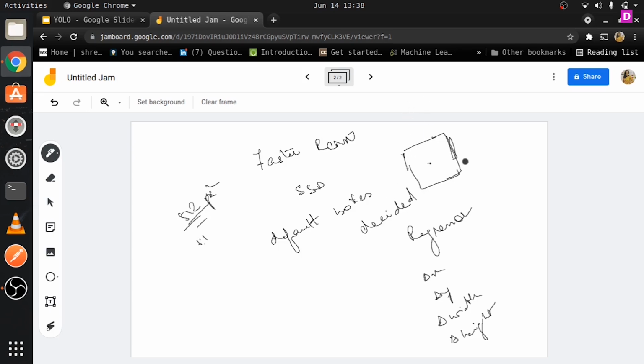So you have the sizes and everything. If your object fits perfectly and this is the center of your box, then none of this changes. But if it does not, then it has to be changed. So when I said each anchor gives out anchor boxes, what I meant is the anchor box sizes are decided. For every anchor you are going to get anchor boxes of the same particular 9 sizes.